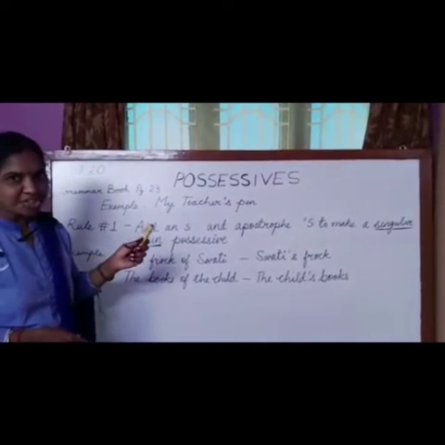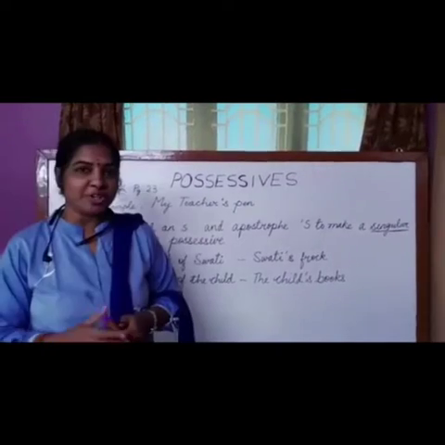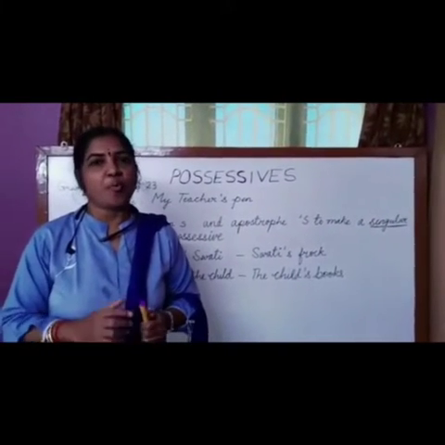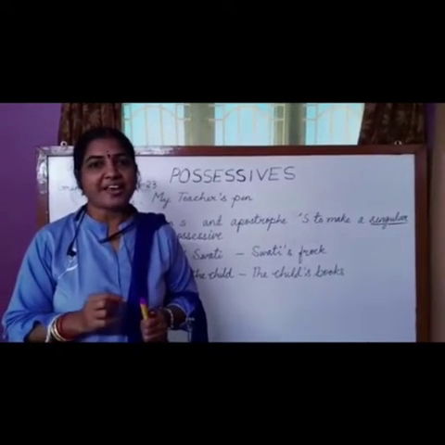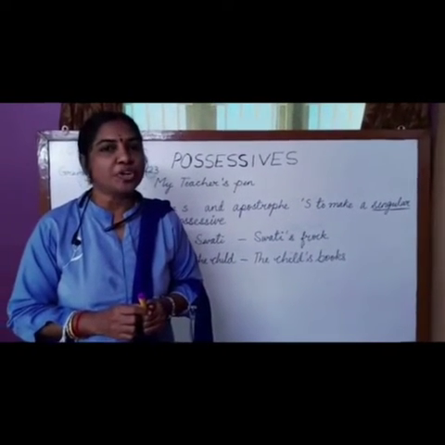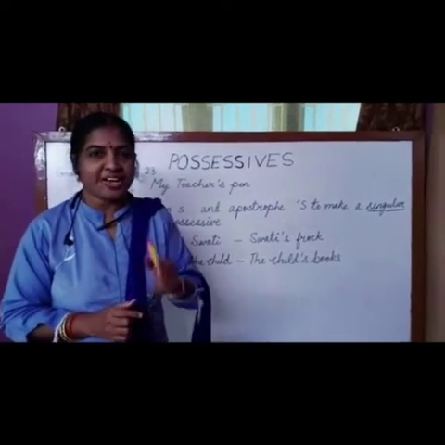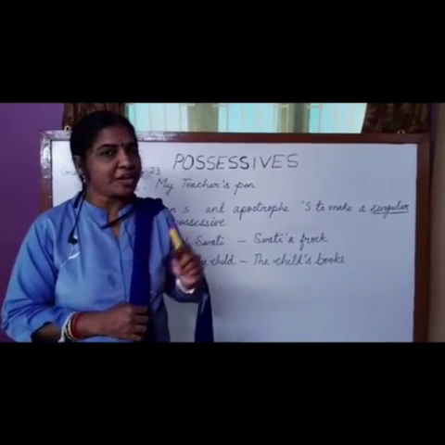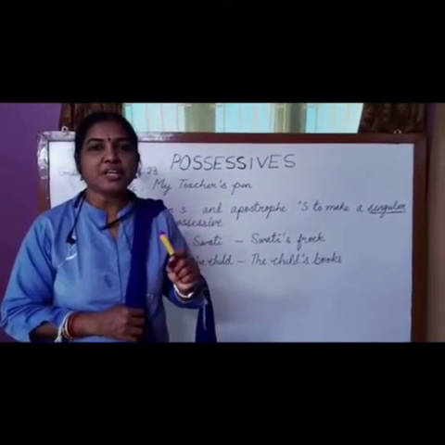It is not so simple. There are certain rules to be followed when we use an apostrophe in singular and plural noun possessives. Let us check rule number 1, with a singular noun.